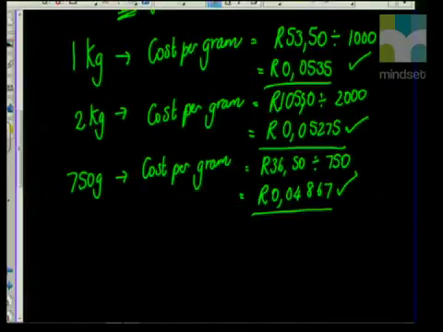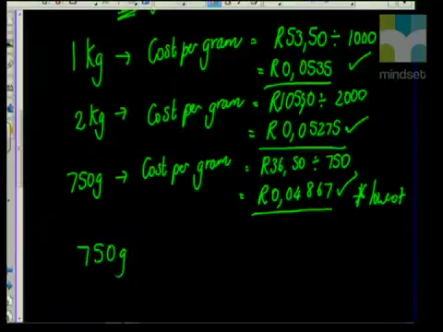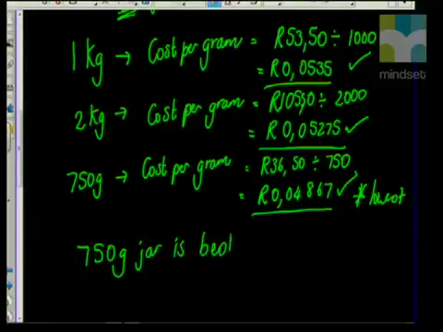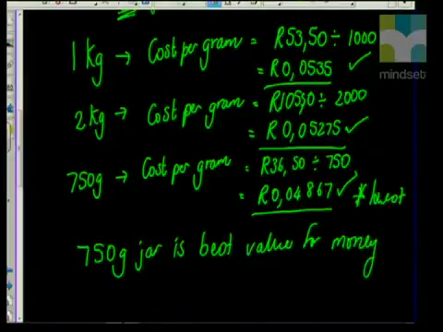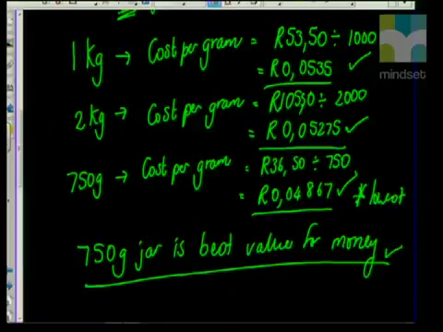Hopefully, you are all able to identify that this is the lowest, and I suggest you write a sentence that the 750 gram jar is the best value for money. And that would be my 4th mark in that question.